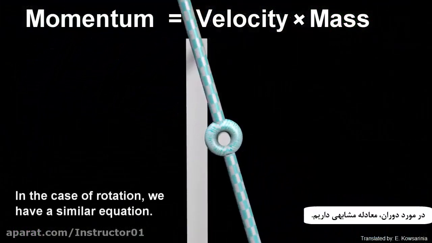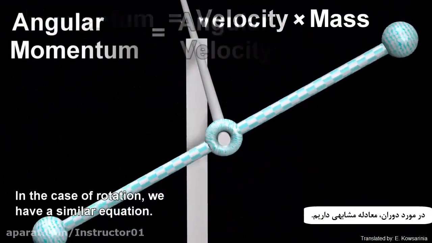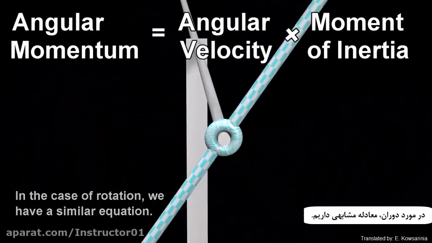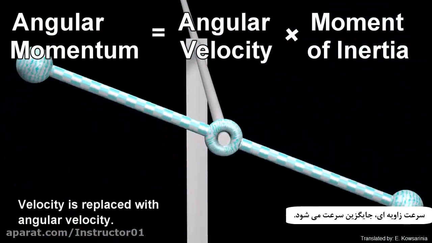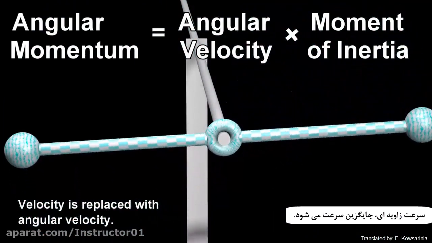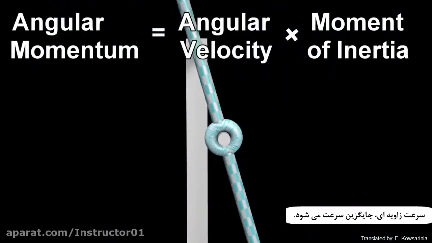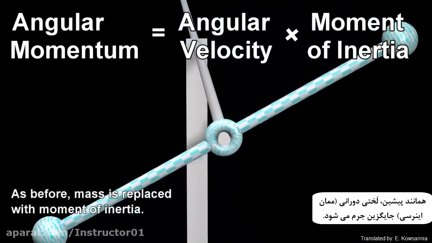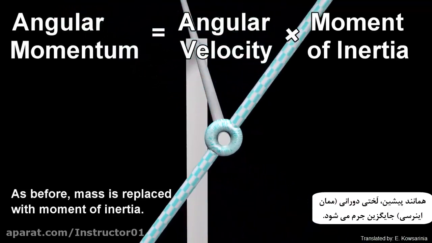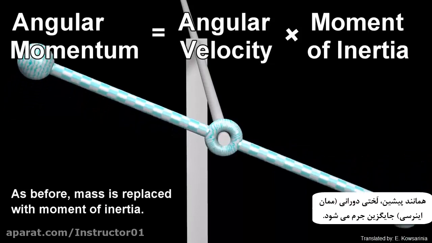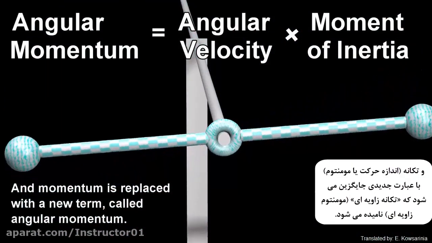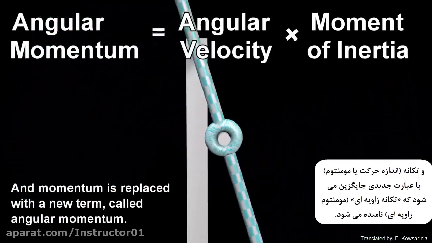In the case of rotation, we have a similar equation. Velocity is replaced with angular velocity. As before, mass is replaced with moment of inertia. And momentum is replaced with a new term called angular momentum.